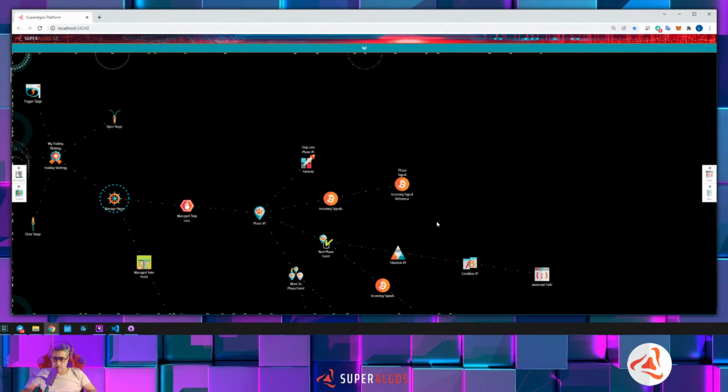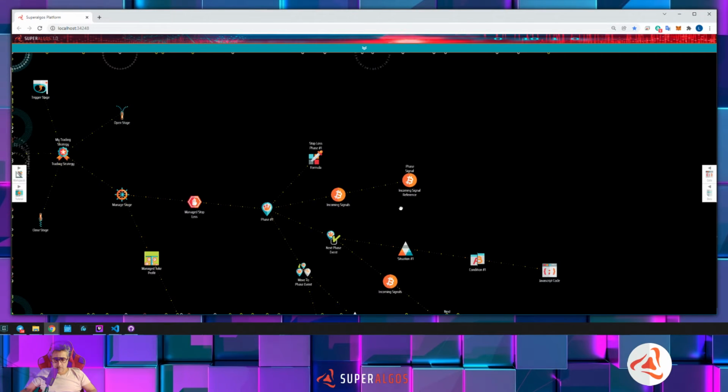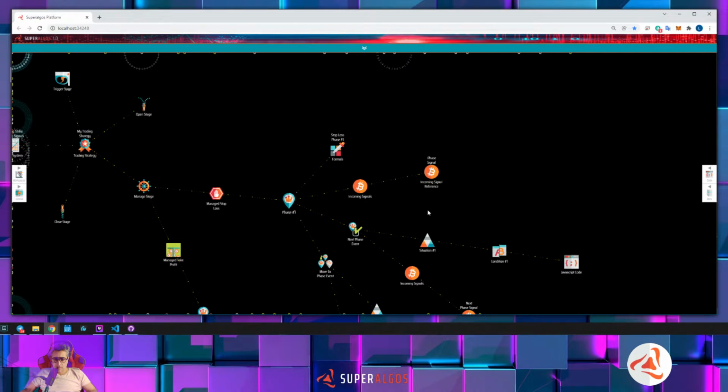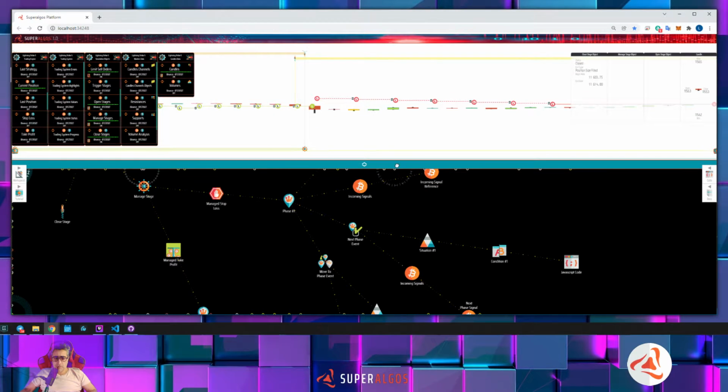So this is what we call phase signal. Phase one. There is a way to plot the stop loss and the take profit. How do we do that? How do we plot the stop loss and take profit?